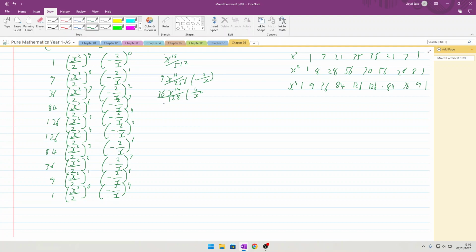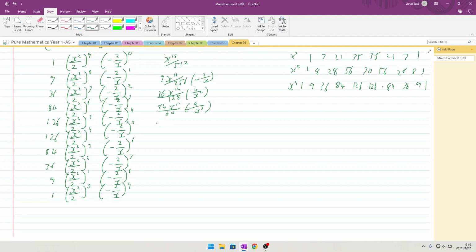Okay, coming down on the next one, 84 times x to the power 12 over 64 times 8x cubed, that'll be a minus. Okay, and so again, as we cancel there, that becomes x to the 9, not the one we want.